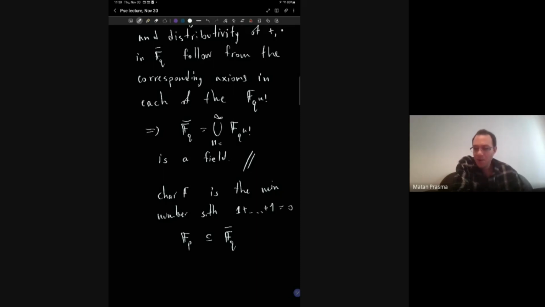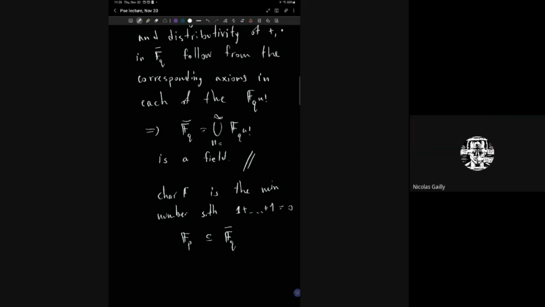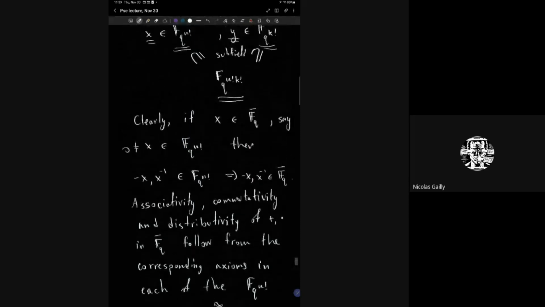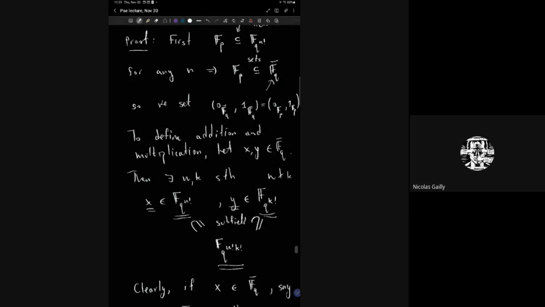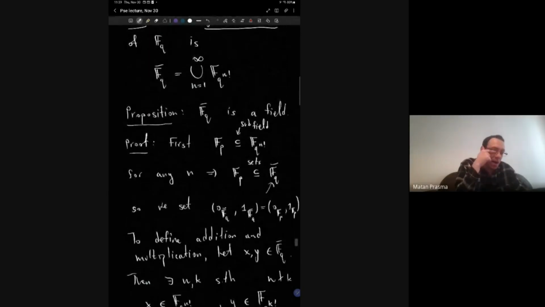Yes. I just want to make sure I understood. The fact that the characteristic of the algebraic closure is the same as the characteristic of FP is because the 1 you define is the one from FP. But you could really define a 1 from another extension field, like you could define a new one, right? I could.